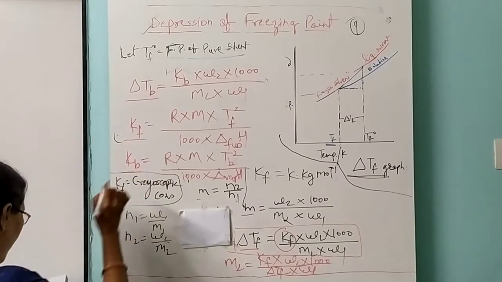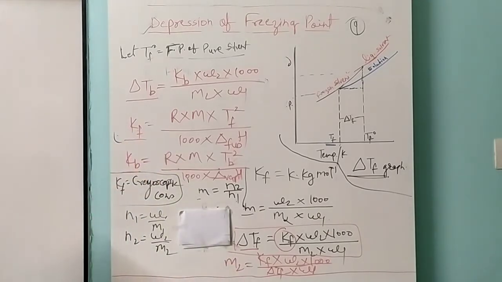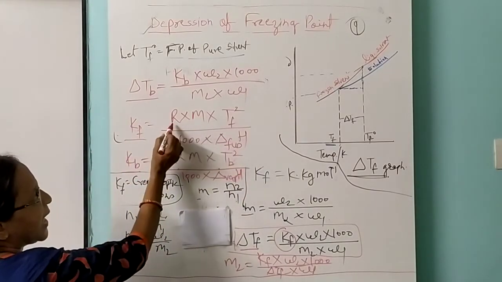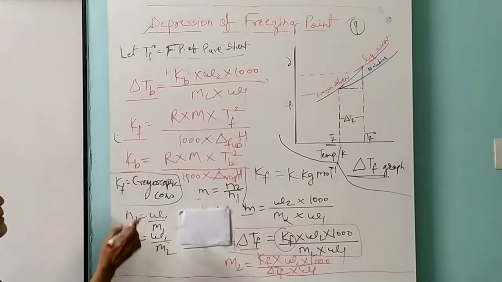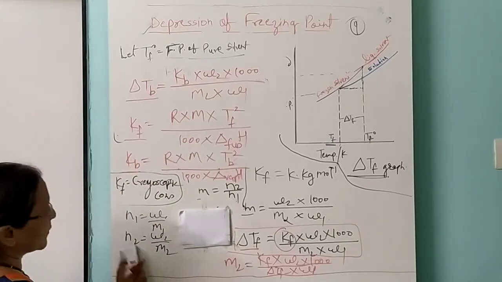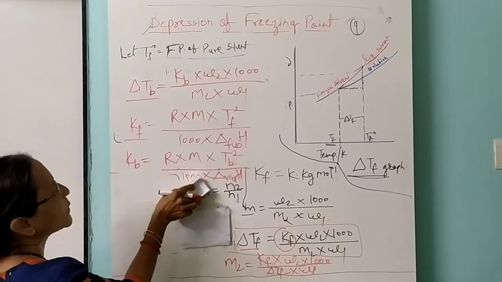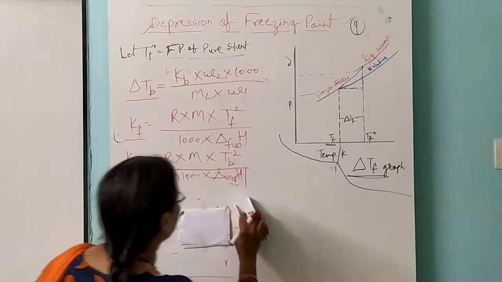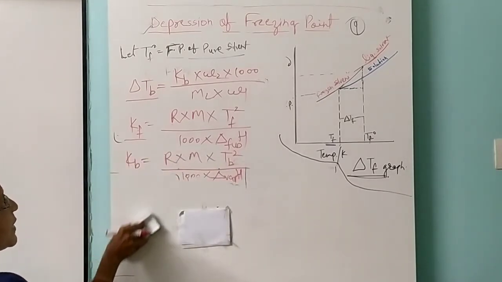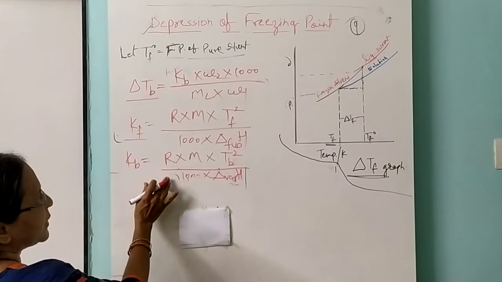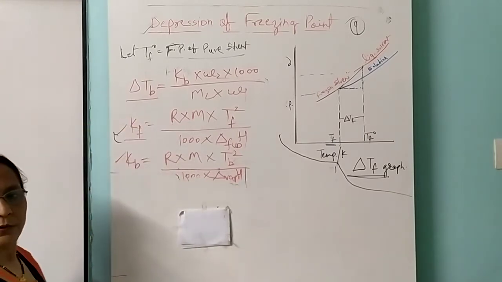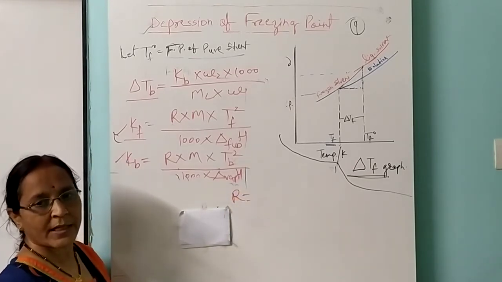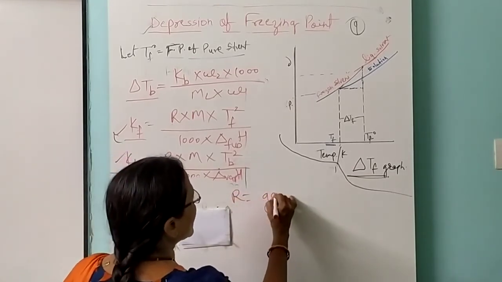So here Kf and Kb value, this also we can write in a certain form, when we write this Kf and Kb value, very important formulas. So here R is our gas constant, remember PV is equal to nRT.